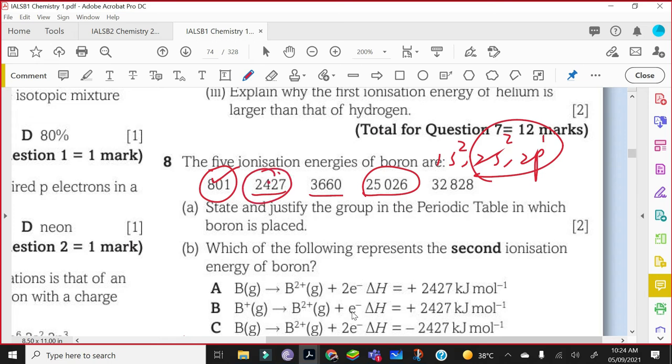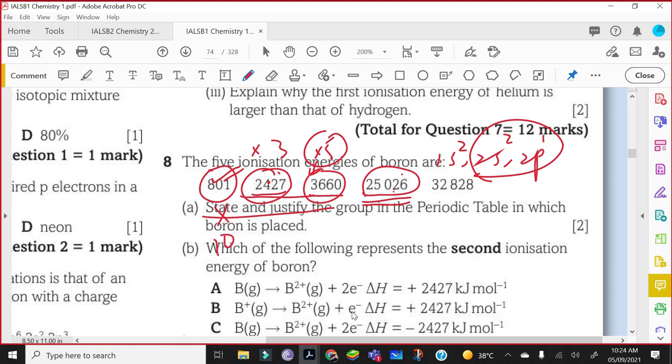See this and these two. They are different by around 3 times, multiplied by 3, and this is around multiplied by 5. Okay? But what about this one? This is a very big jump. The approximation is that if there is another shell starting, then the jump should be 10 times greater than the first one.